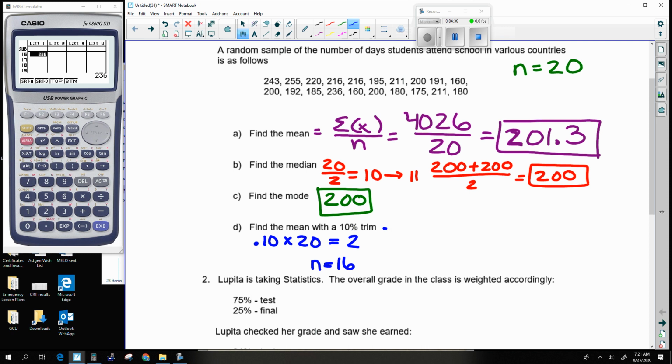But from here, now that I trimmed my list, I'm going to find the average like I would. So I add up the numbers and divide by the number of numbers. And notice now that I am dividing by 16, not 20.